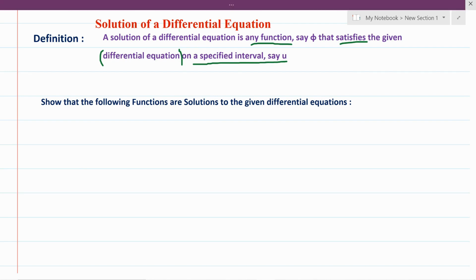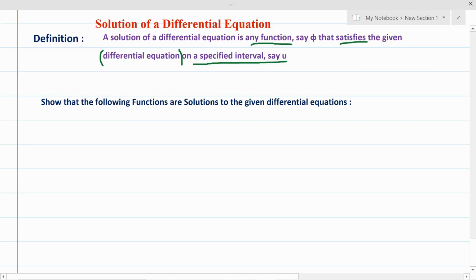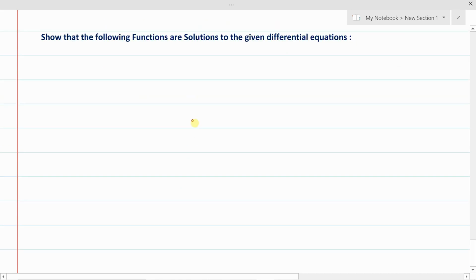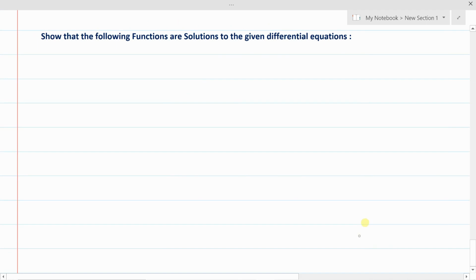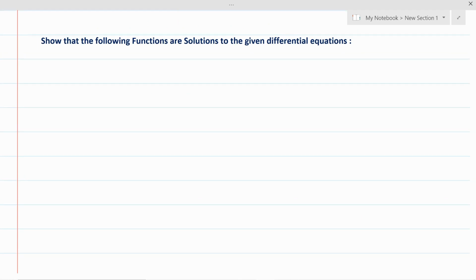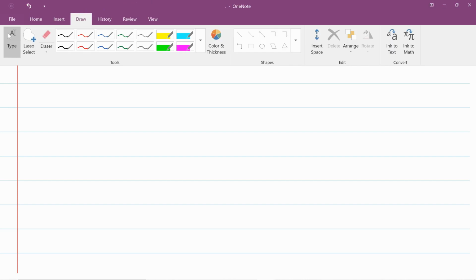I'm going to write some differential equations here, and we'll try to show that they are actually solutions to the differential equations given. Let's start.